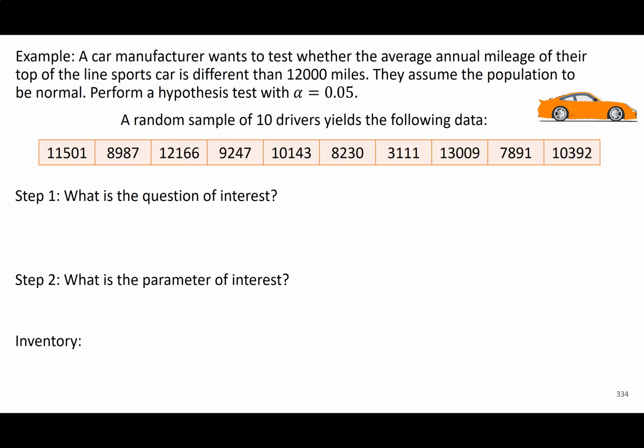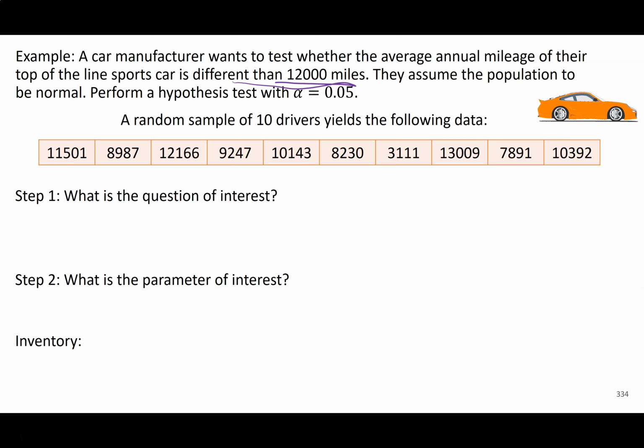So we are going to stick with this sports car example. The car manufacturer in particular now, suppose that they're interested in finding out if the average annual mileage of their top of the line sports car, are drivers driving differently than 12,000 miles per year.